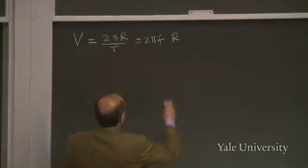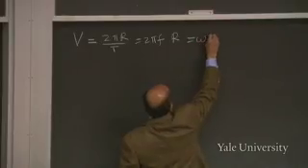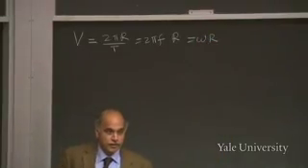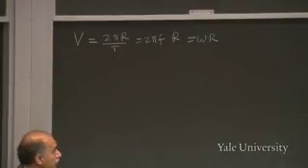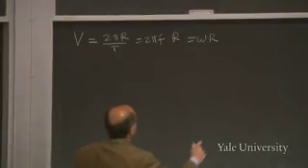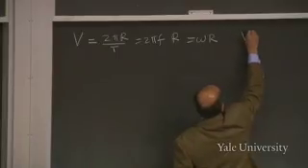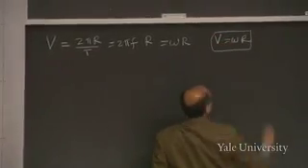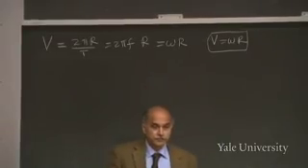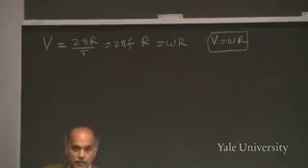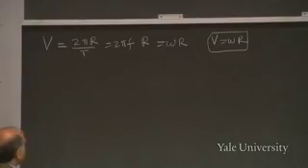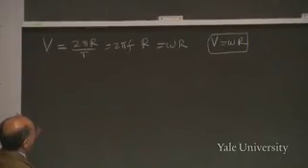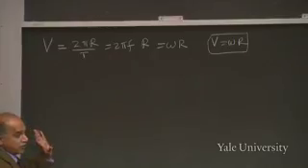And 2 pi f is the angular frequency in radians per second. So here is the connection between linear velocity and angular velocity if you're rolling without slipping. V equals omega r. All right? So in general, v and omega are independent, but rolling without slipping refers to a particular situation.